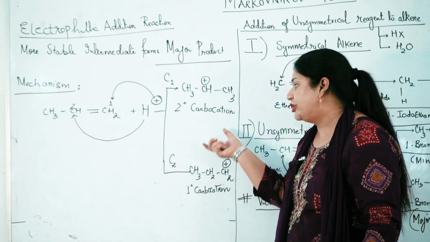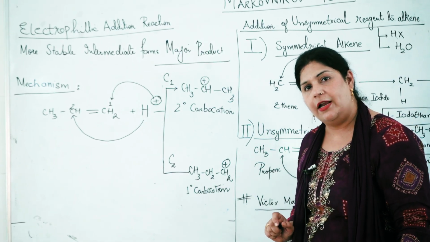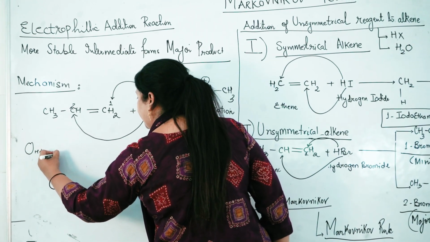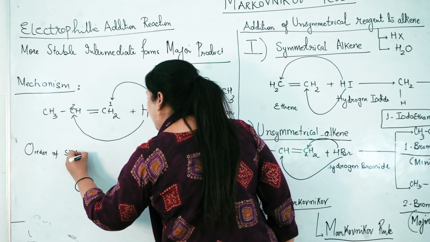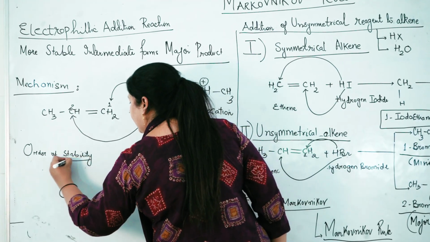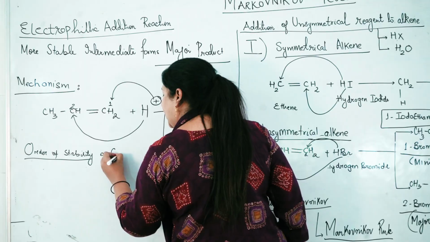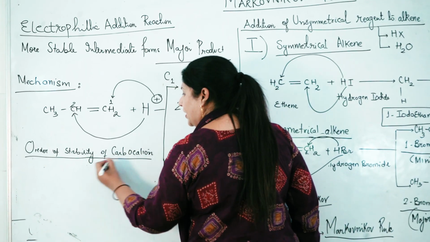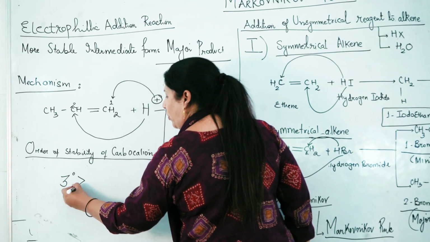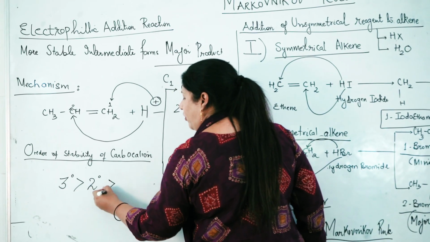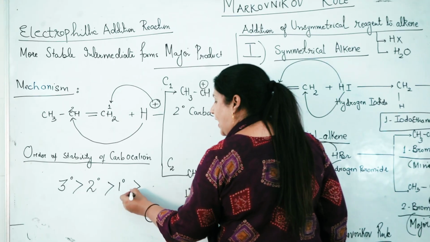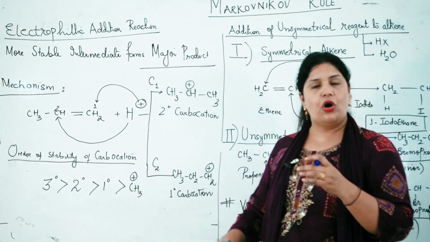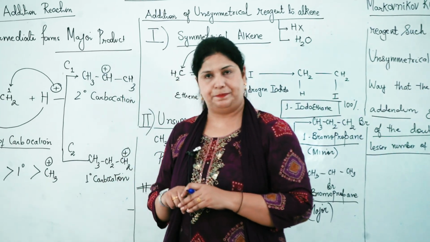So can you tell me which carbocation is more stable? Yes, order of stability of carbocation is tertiary, followed by secondary, followed by primary, and last methyl carbocation. This is the order of stability of carbocation.